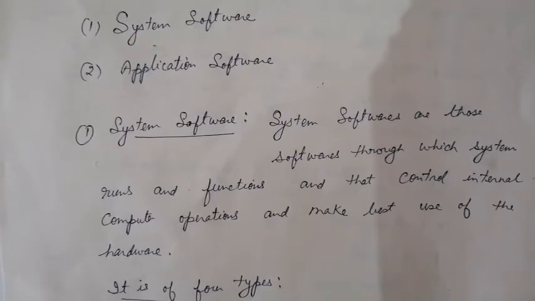The operating system uses the hardware of the system with all its potential. That is the operating system. It makes the hardware work as it is desired to. Right. So that is system software.